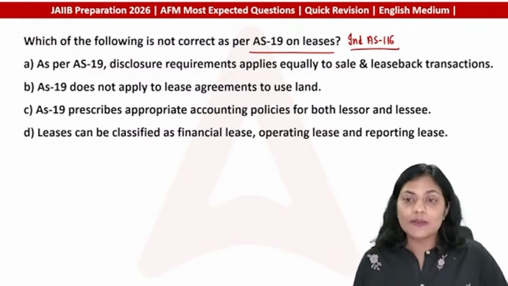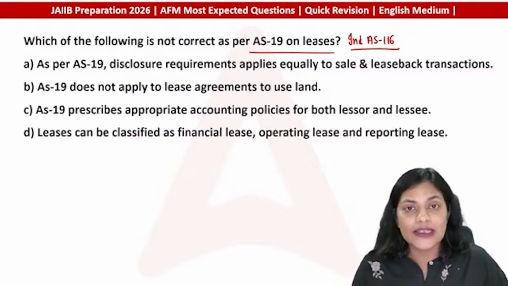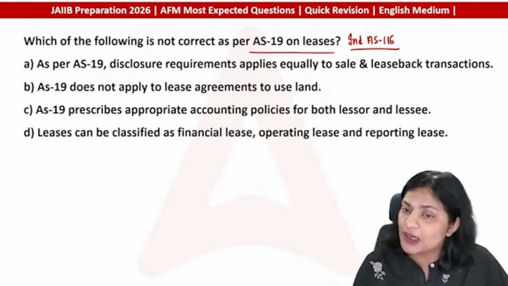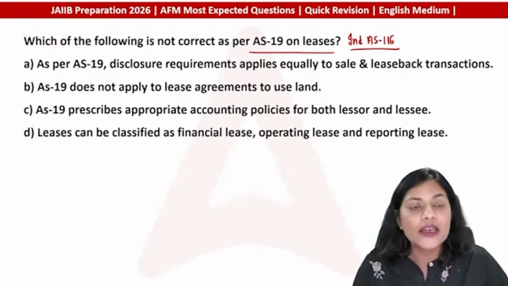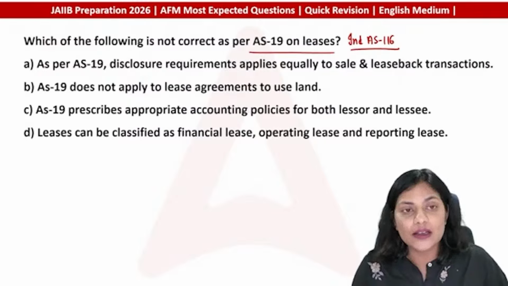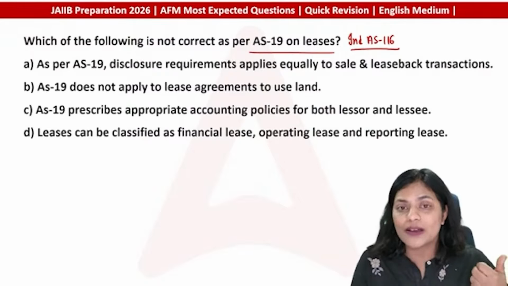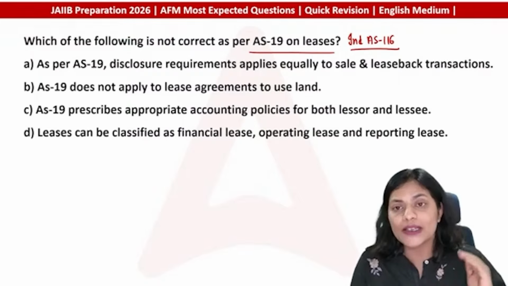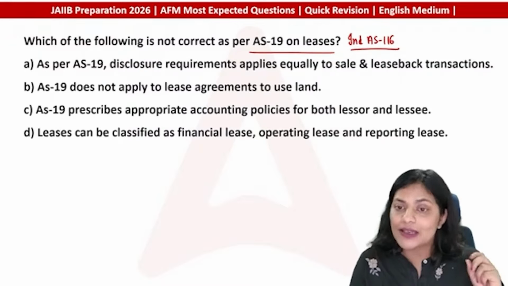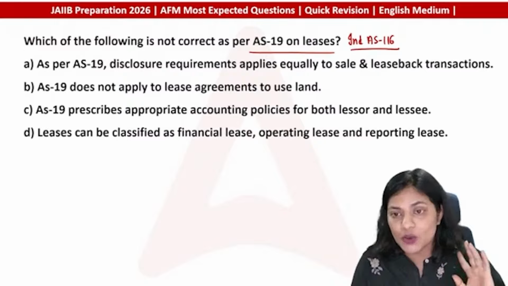Number one statement is that as per AS 19, disclosure requirements apply equally to sale and leaseback transaction. Yes, that is correct. AS 19 says that everything should be disclosed, whether you are into a sale and leaseback transaction, financial lease or operating lease, everything should be disclosed in a proper manner. There is a requirement of disclosure which can be done in your notes to accounts.